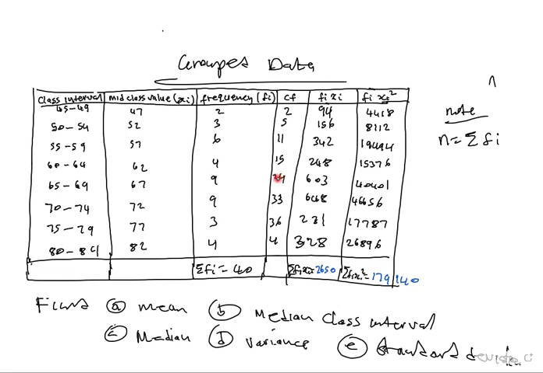If we get the sums from the bottom, we keep adding this plus this plus this plus this. So you still observe that the median will fall into this interval. So that is the interval where the median class falls.